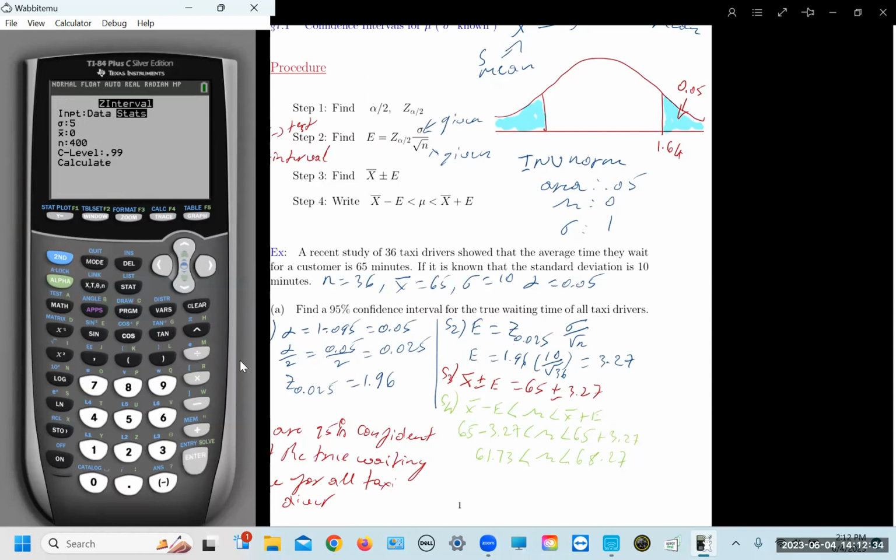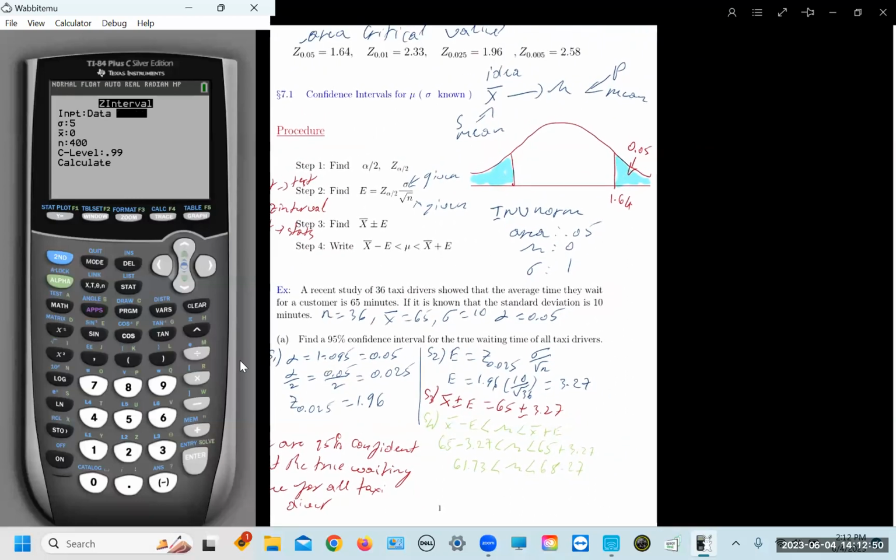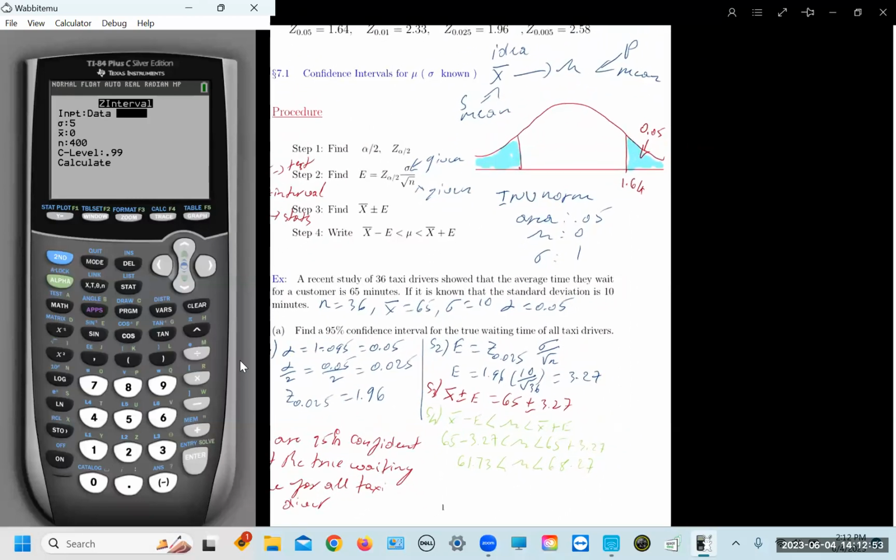And we go for input and start, and then sigma. So sigma here is 10, and the X bar is 65.